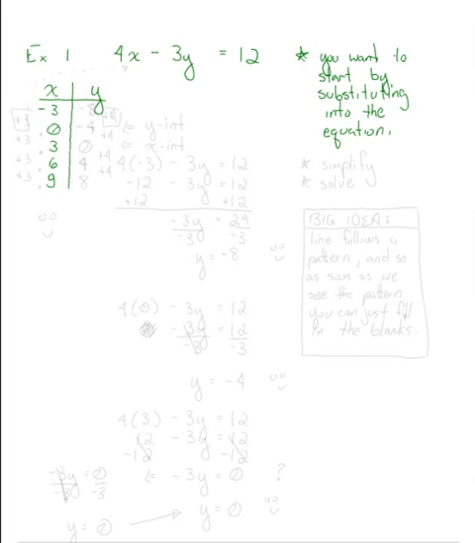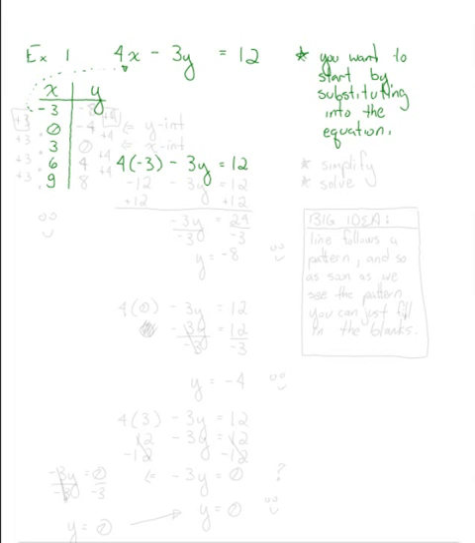Alright, it's good stuff. And basically you're just going to do this one at a time. You're going to take the -3 and you're going to put them in right here. Okay? And so this ends up giving you 4 times -3 minus 3y equals 12.